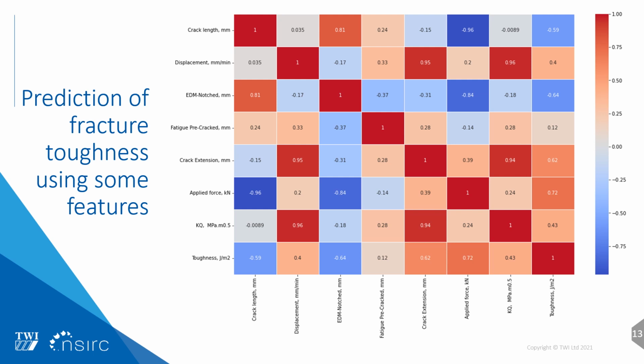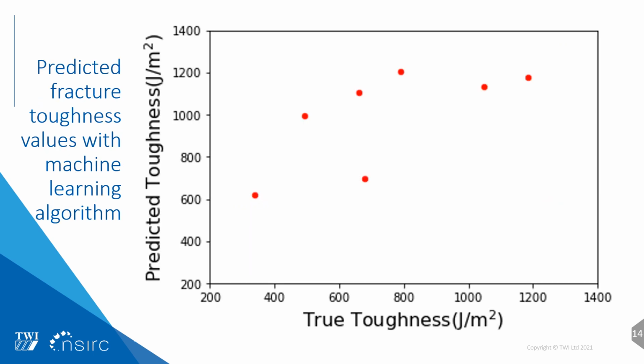So this shows the partial matrix for the features which we have used, and we could see that it has a good relationship, except for the pre-cracked ones, which has some lower value due to the fact that some of the materials are pre-cracked while some are not pre-cracked. So we proceed to use this to predict the fracture toughness.